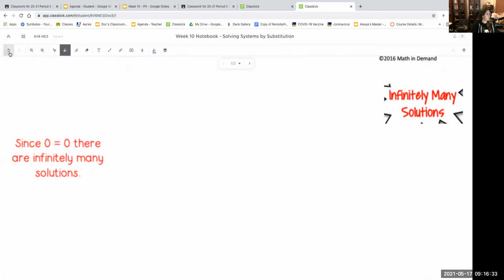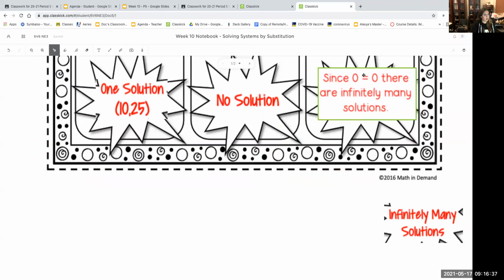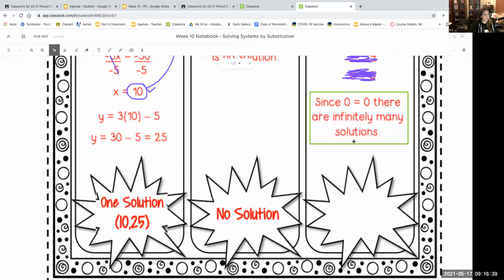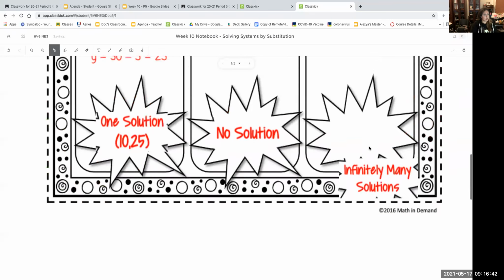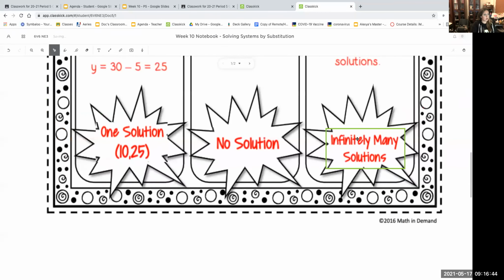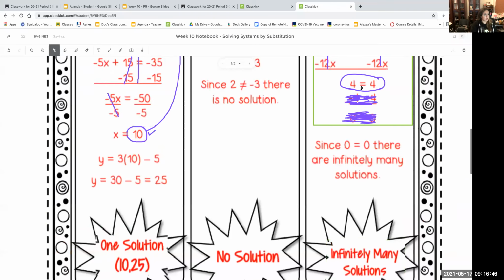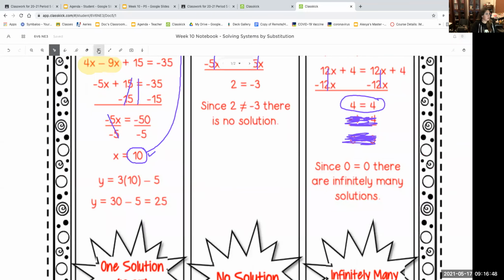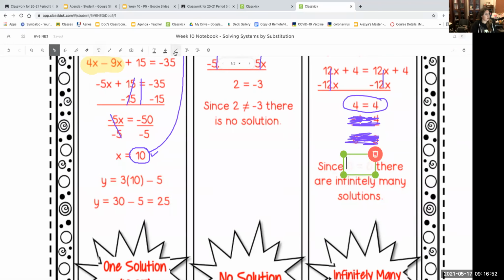We're going to move that piece and that piece. And like before, I don't want this, so I'm going to type in that T, fill it in white, and put 4 equals 4.